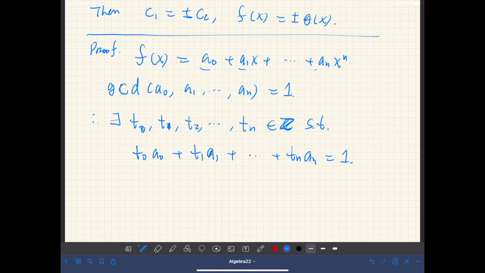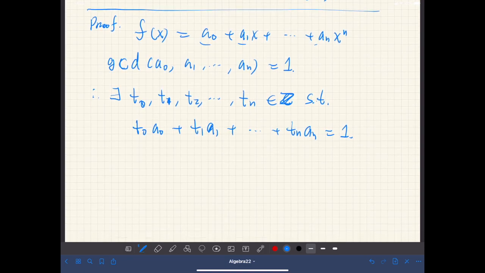We have proved a similar theorem for two integers, but the similar result holds for any number of integers.